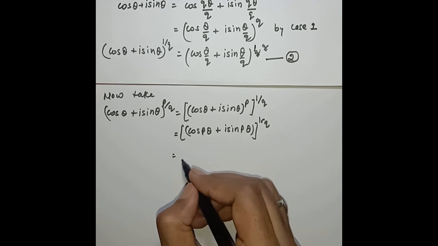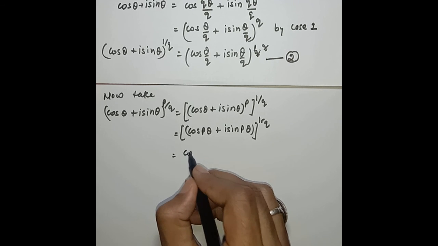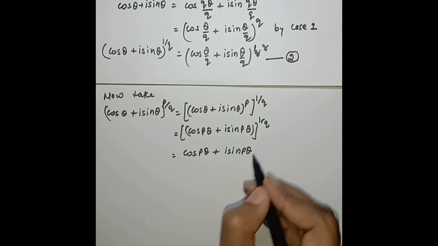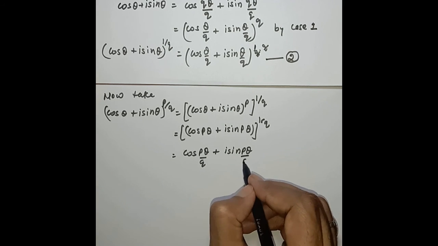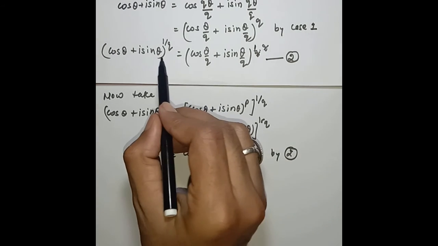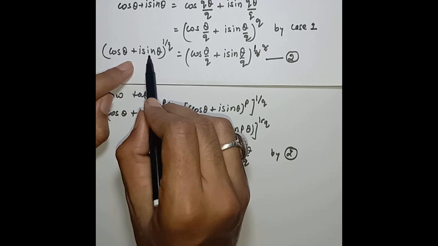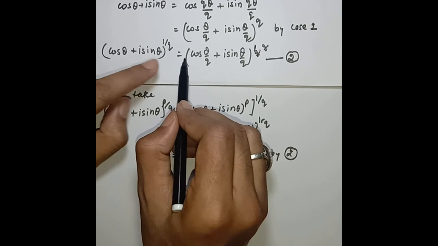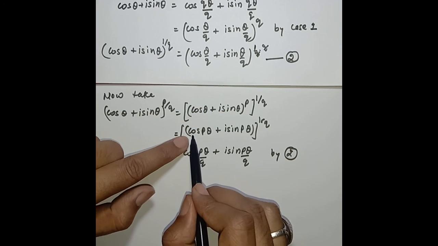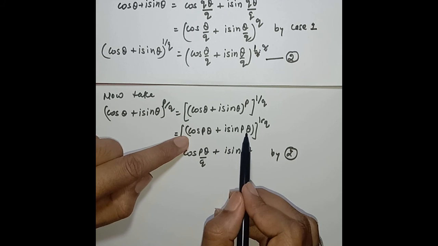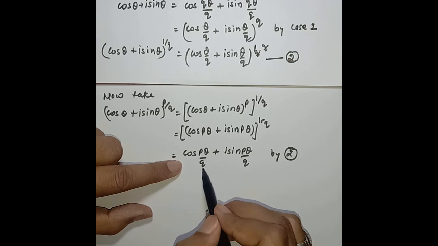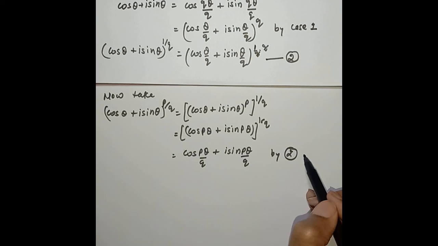This implies we can write (cos pθ plus i sin pθ) to the power 1 by q. The reason is by equation number 2, we know that (cos θ plus i sin θ) to the whole power 1 by q is equal to cos θ/q plus i sin θ/q, and so (cos pθ plus i sin pθ) to the whole power 1 by q is cos pθ/q plus i sin pθ/q by equation number 2.